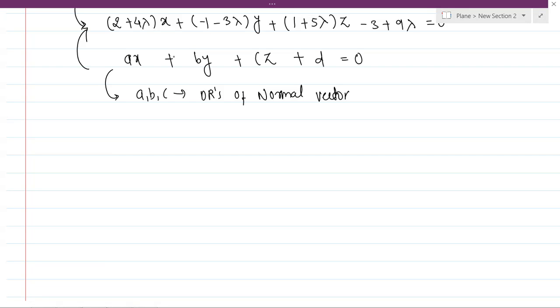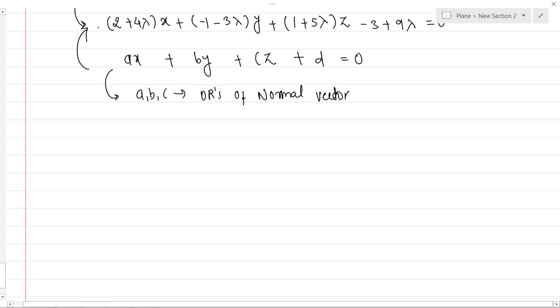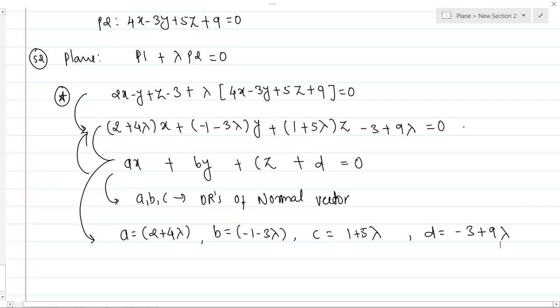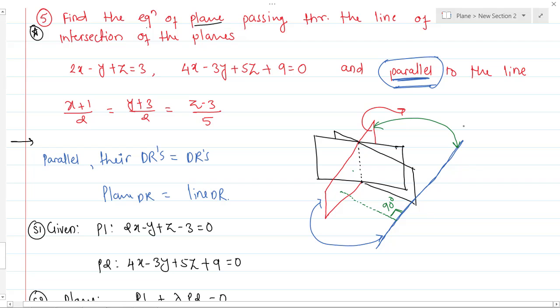Now let's compare the above two equations. Compare these two equations and write down: a is equal to 2 plus 4 lambda, b is equal to minus 1 minus 3 lambda, c is equal to 1 plus 5 lambda, and d is nothing but minus 3 plus 9 lambda. Now what about the line?